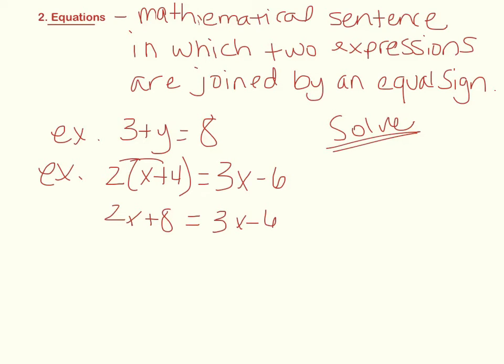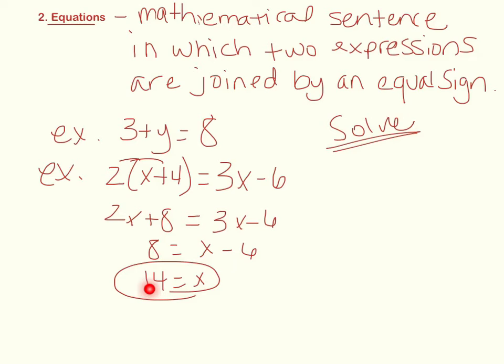And then again, with solving, we've got to combine our like terms, so we subtract 2x from both sides in order to do that. I end up with x minus 6 over here. Then I want to add my 6 to the other side. So I should have 14 equals x. This is the equation, and we solved it for x.